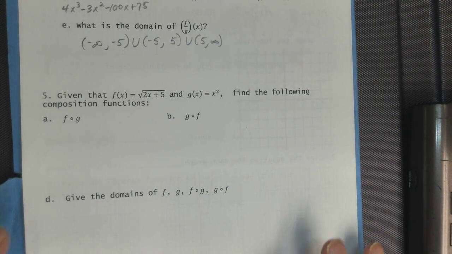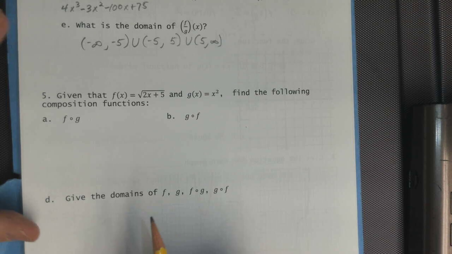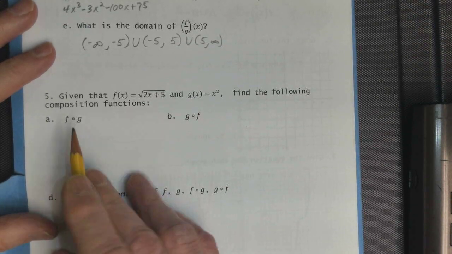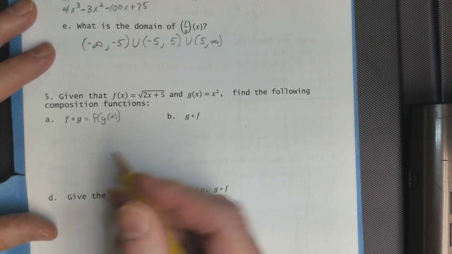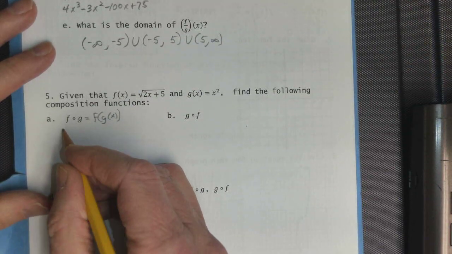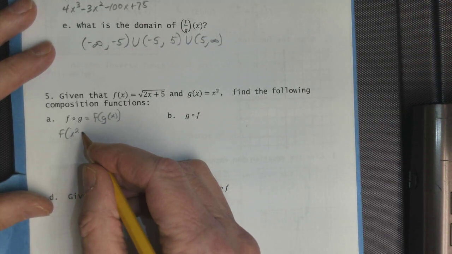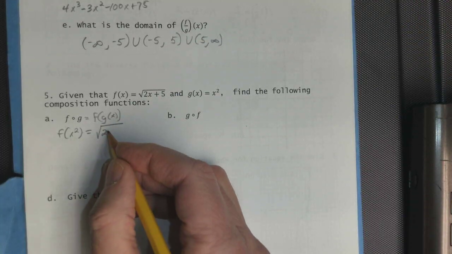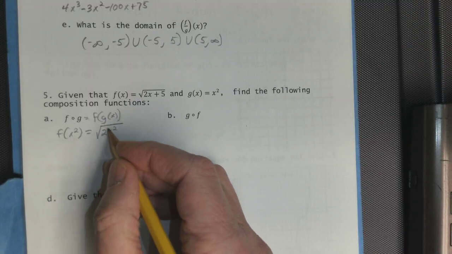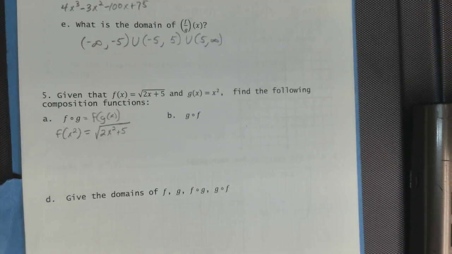Given that f of x equals square root of 2x plus 5 and g of x equals x squared, find the following. F of g of x. So that is f of x squared, which is square root of 2 times x squared in place of the x, plus 5.